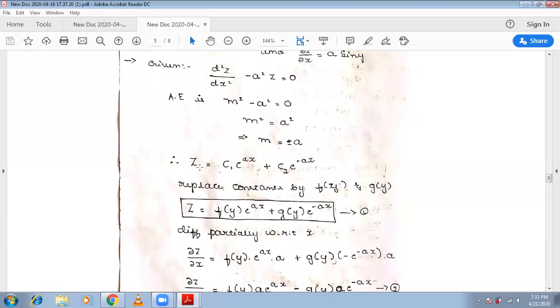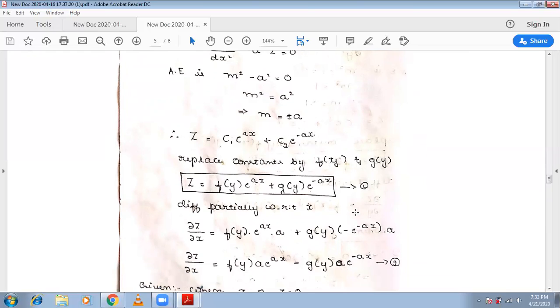So the solution z is equal to c1 into e power ax plus c2 into e power minus ax. Replace c1 and c2 by functions of y, f of y and g of y. Call it equation 1.